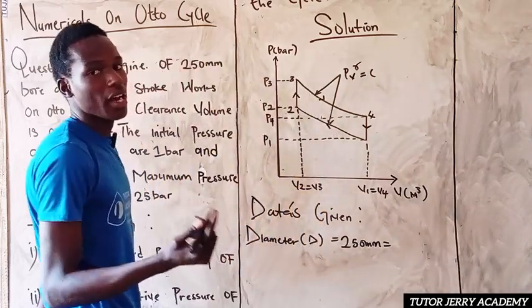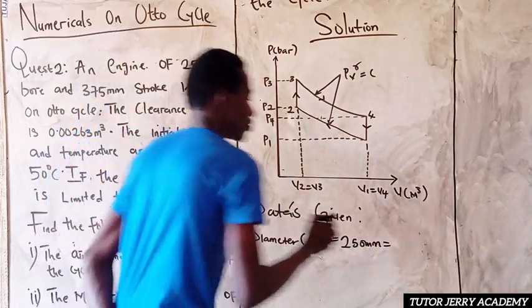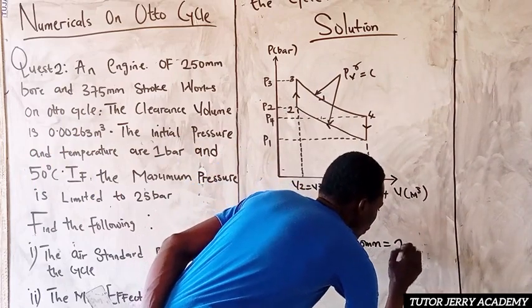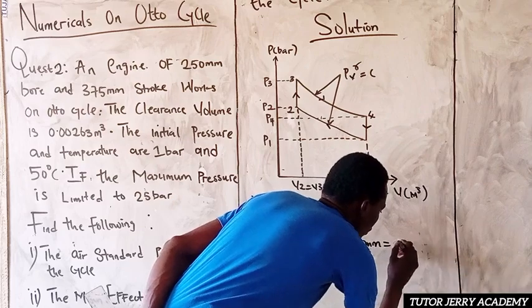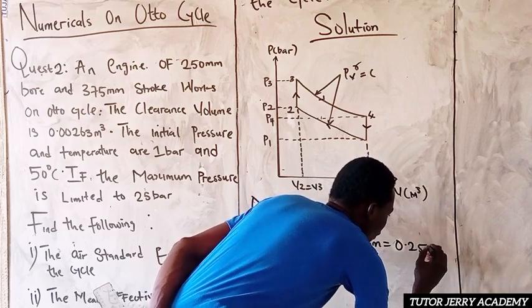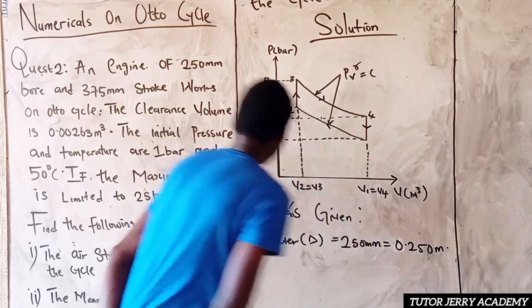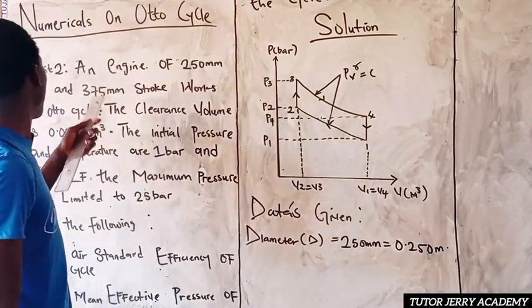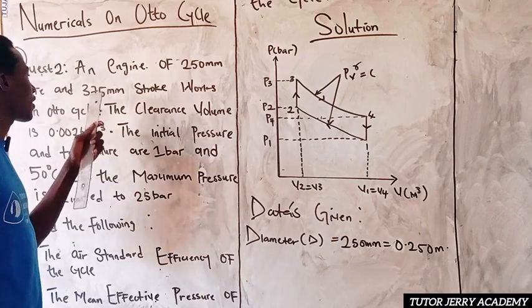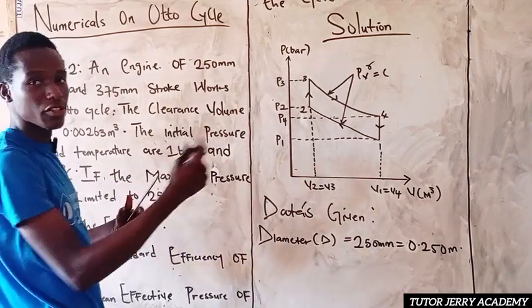250mm converted to meter is 0.250 meter. Next, we have a stroke of 375mm, that is the length of stroke.